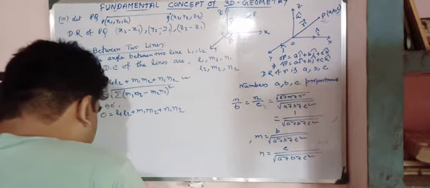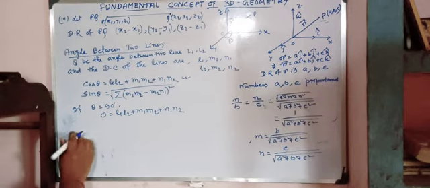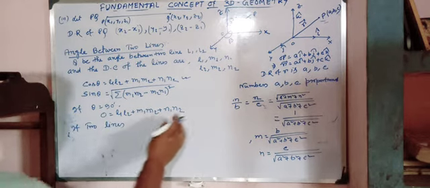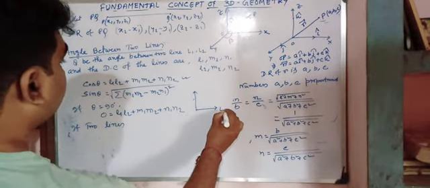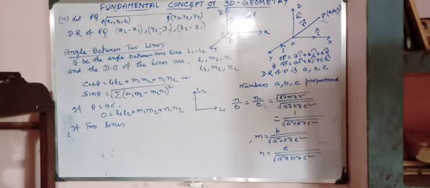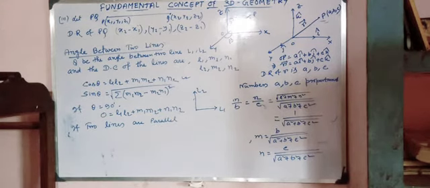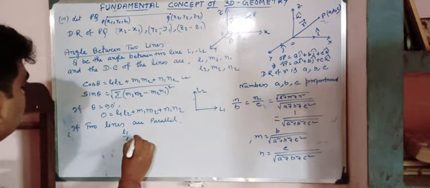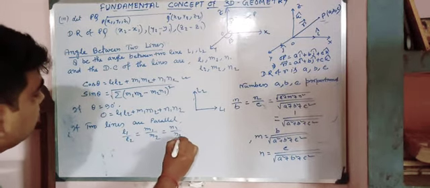And two lines are parallel. If two lines L1 and L2 are parallel, then l1 by l2 should be equal to m1 by m2, that's equal to n1 by n2.